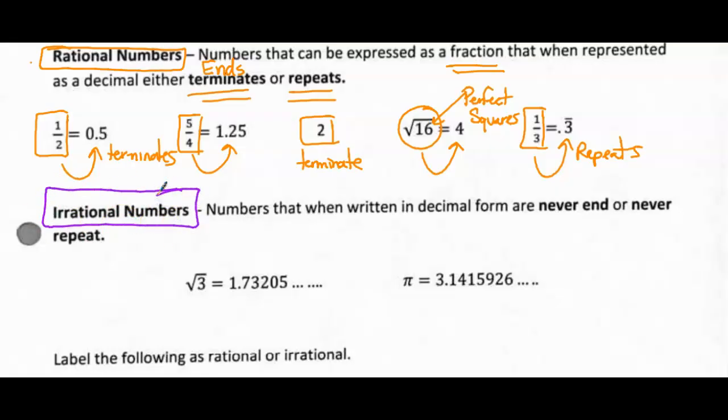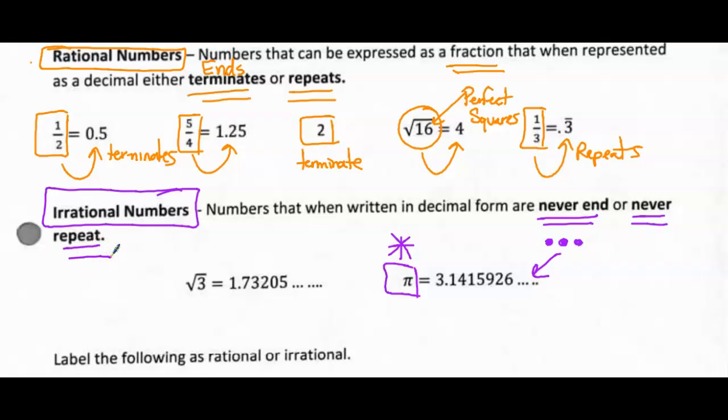Now, the most famous irrational number is pi. So if you can remember, pi is irrational because it does two things. Pi never ends. That's when you see these dots. These dots represent never ends. And it also can never repeat.